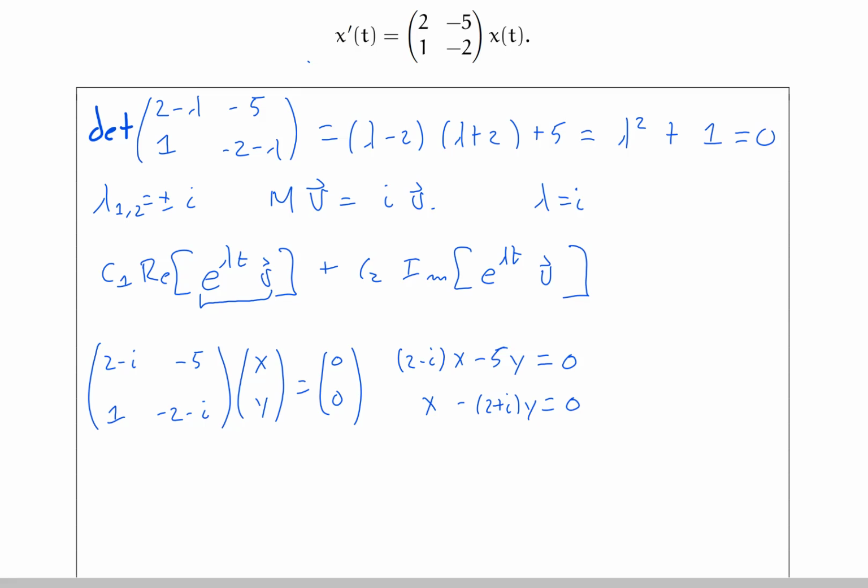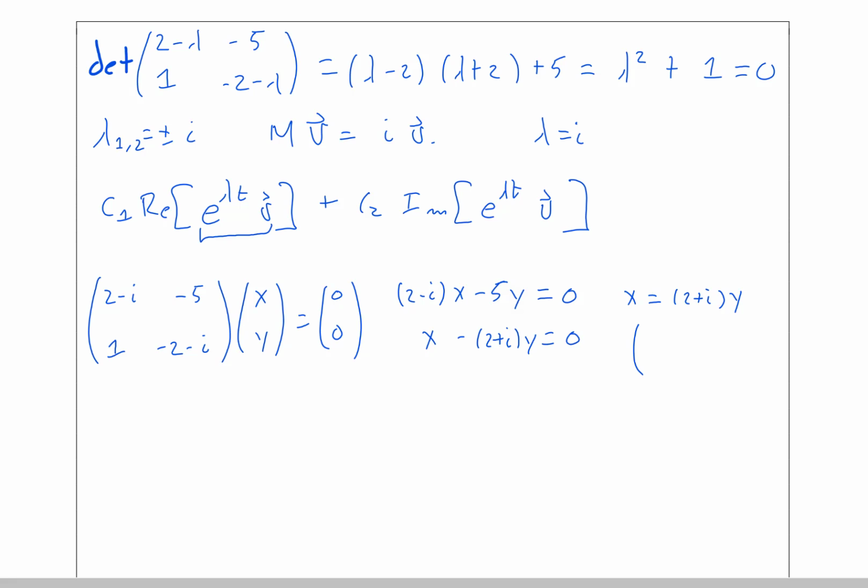So the top equation is 2 minus i times the bottom equation. Anyways, the bottom equation tells us that x is equal to (2 plus i) times y. So any vector where the top entry is 2 plus i times the bottom entry is an eigenvector, except for the 0 vector. So this is an eigenvector associated to i.